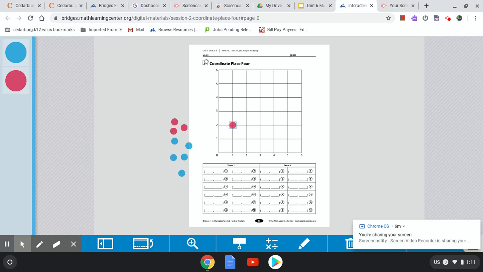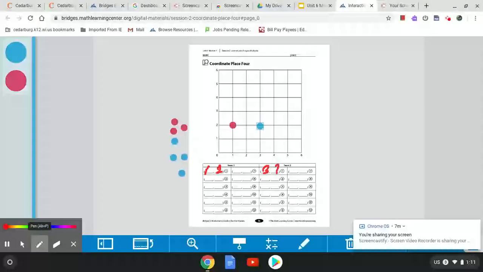So our first move was 1 over and 2 up. So I would put 1 and then 2. It's the blue person's time now. So we'll move the blue marker to right there. And with the blue, we see that they put it on 3 and 2.